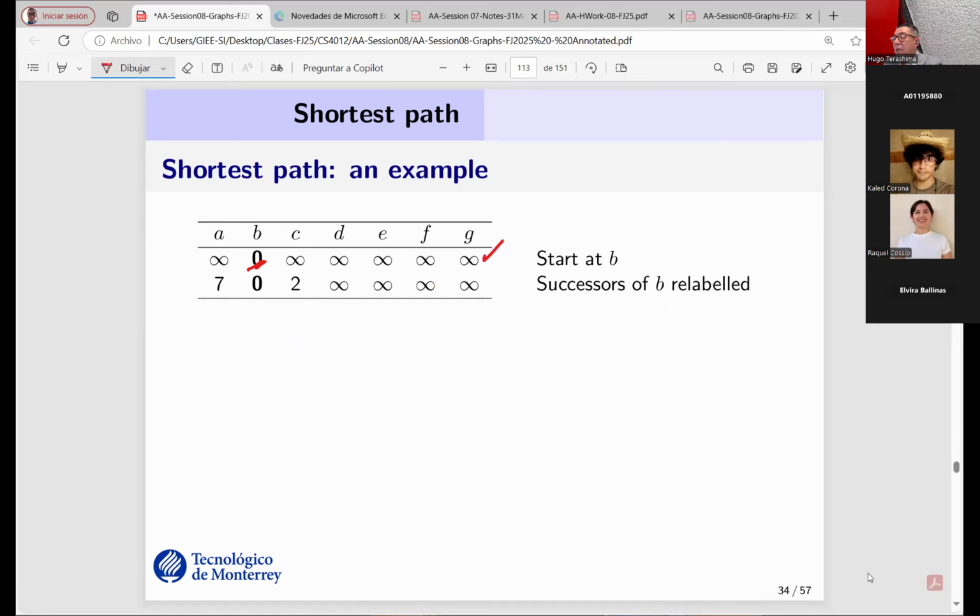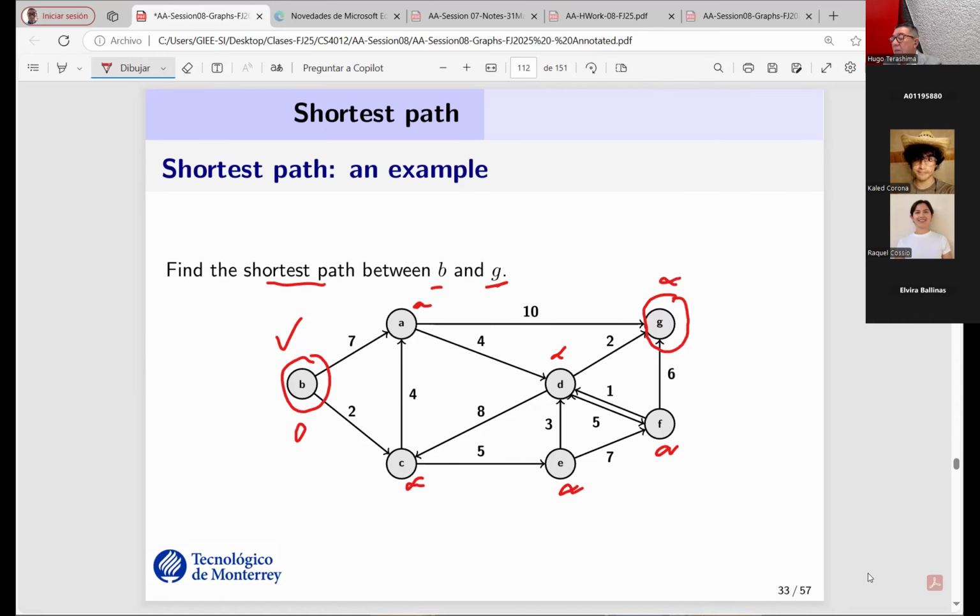And then we are going to check the nodes that are connected to B. The ones that are connected to B are this one and this one, right?